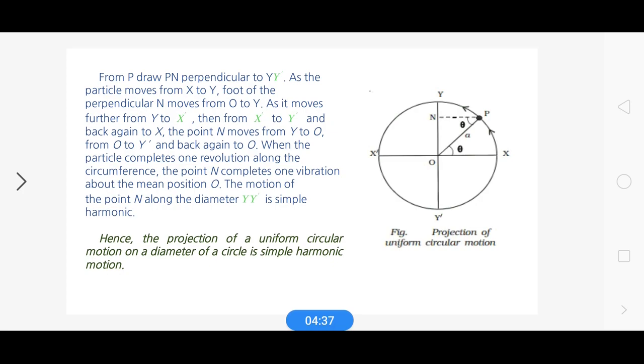So finally we can conclude that the projection of uniform circular motion on a diameter of a circle is simple harmonic motion.